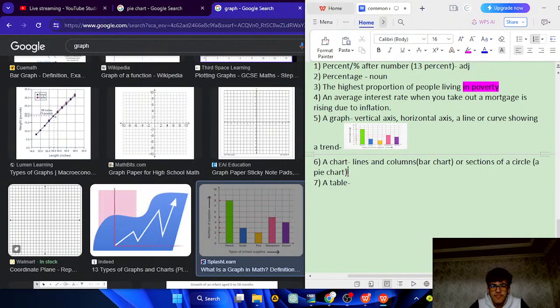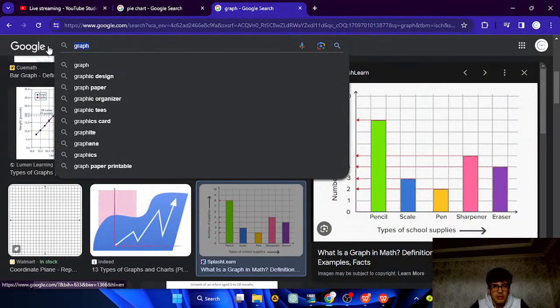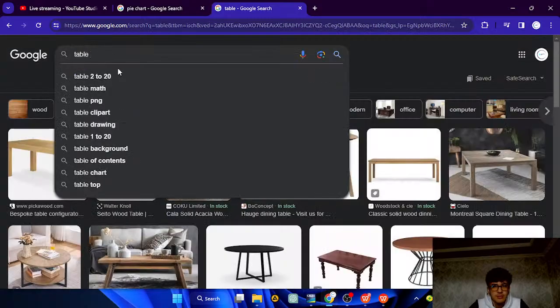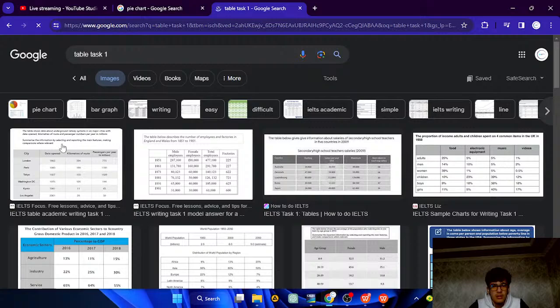A chart, graph, pie chart. We all know what a pie chart is. A table. Oh shit, are you serious right now, bro? Okay, this is a table.